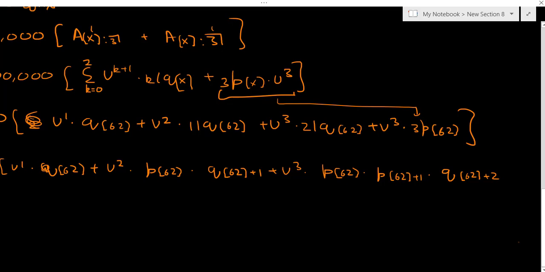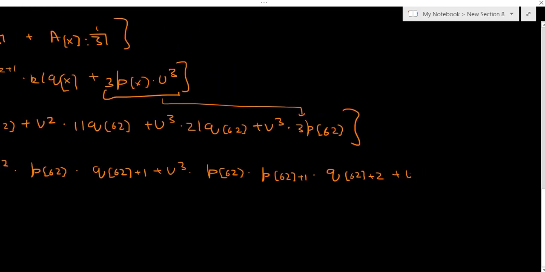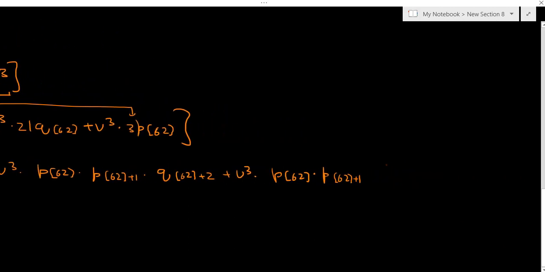Okay, so this is what I have here, and this one just expands to v to the power of 3 into p62 survives 1 year, p62 plus 1 survives 1 more year, and p62 plus 2.